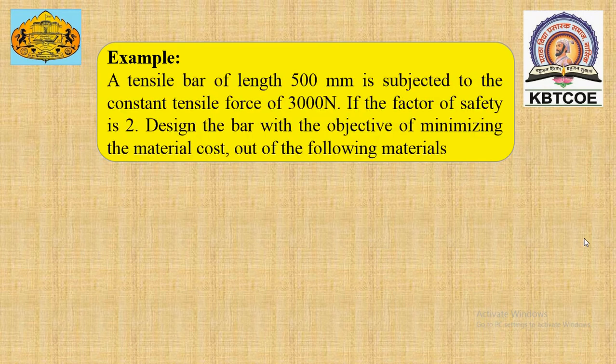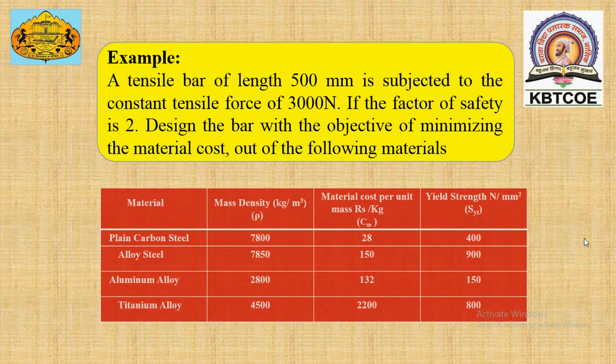A tensile bar of length 500 mm is subjected to a constant tensile force of 3000 Newton. If the factor of safety is 2, design the bar with the objective of minimizing the material cost out of the following materials.